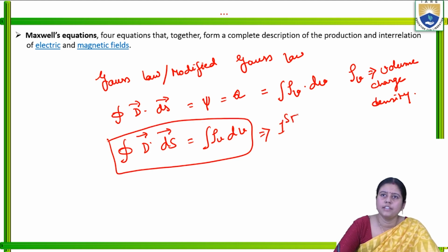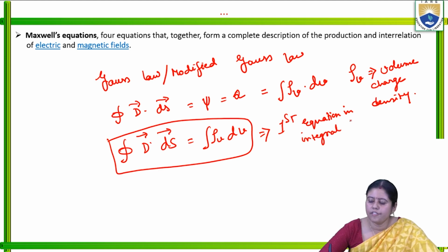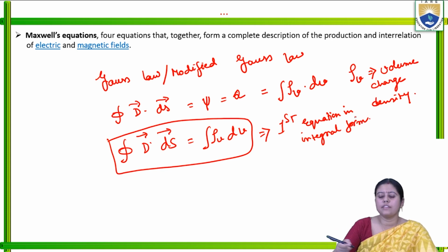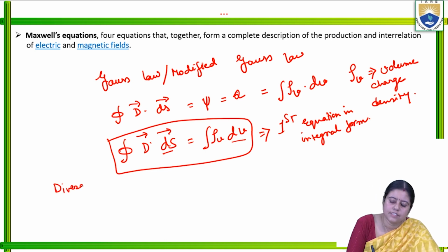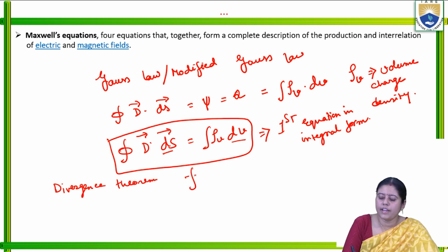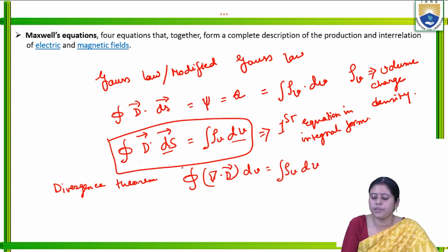Maxwell's first equation in the integral form. Now if we move to the point form, here it is dS and dv, so we will use the divergence theorem. We can write the integral of grad dot D dv is equal to the integral of rho v dv.